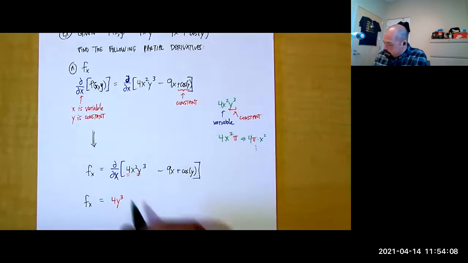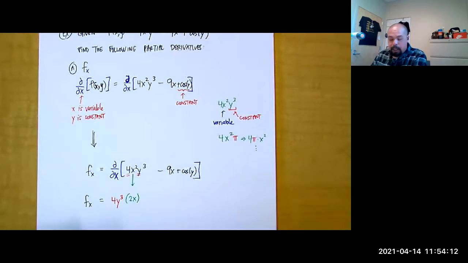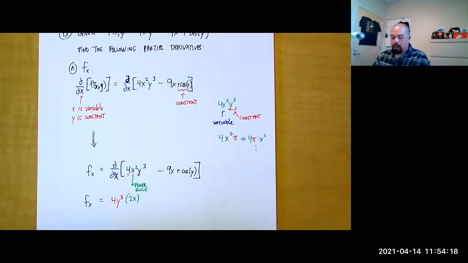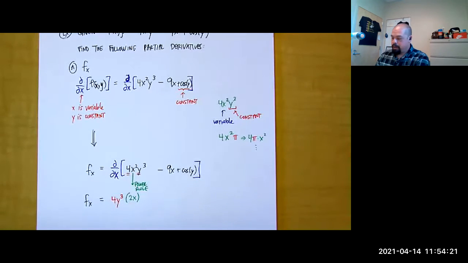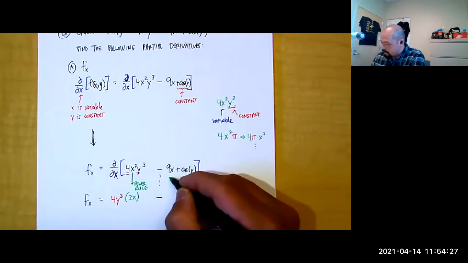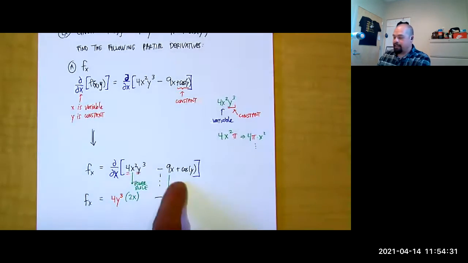The derivative of that x squared is 2x, our typical power rule that we'd have to follow. My subtraction will come down. The 9x, there's 9, x at first goes away.